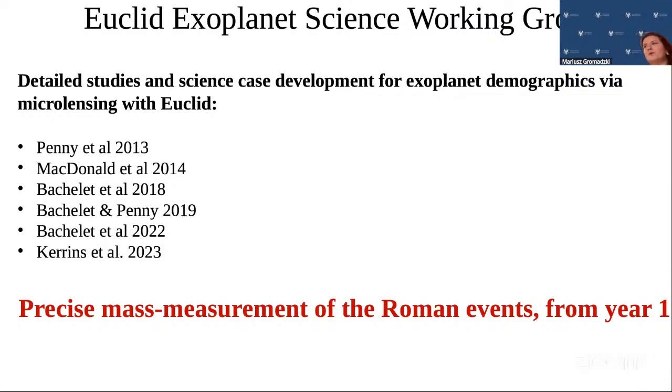I have been showing this slide with all these works over and over in the past year, because this has been the work of many people who have been doing this for much longer than I have. They have been studying different cases of how Euclid could really collaborate with Roman to provide very precise measurements.